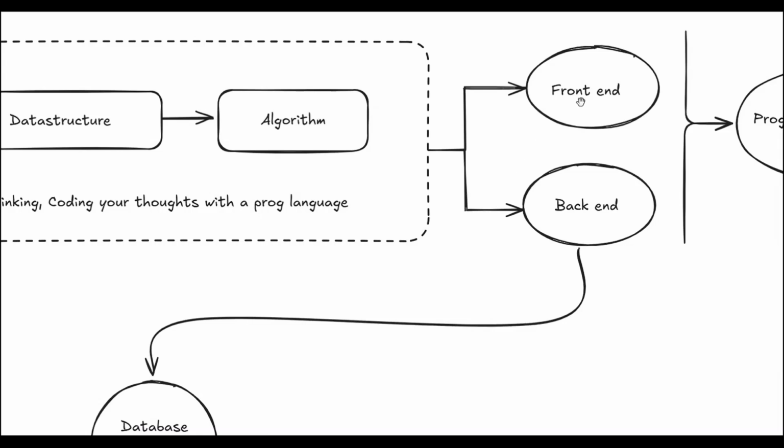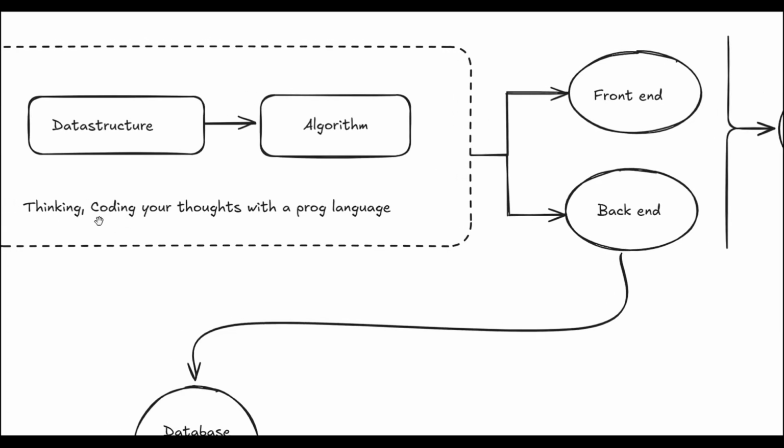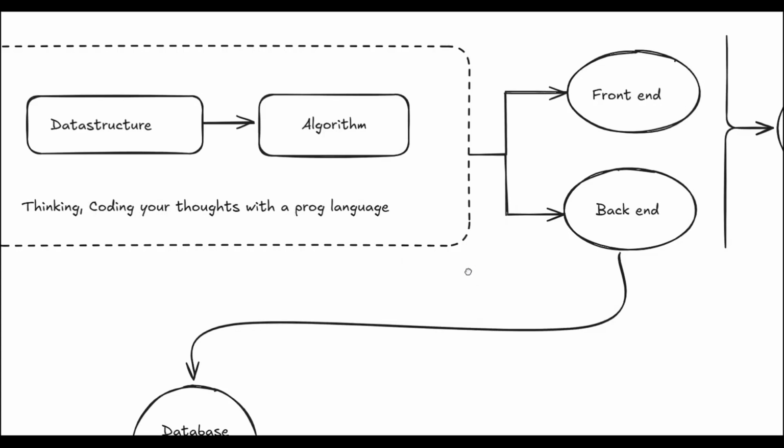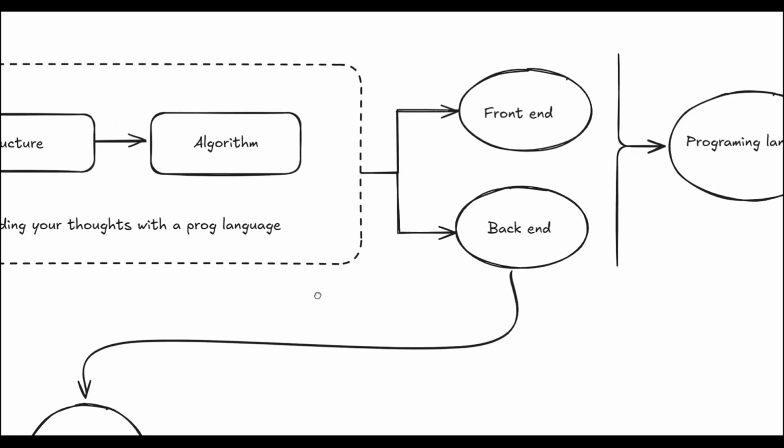From this point, you'll move to either front end or back end. That's where we'll be using those algorithms. And again, it's more about thinking and coding your thoughts in a programming language. And there are plenty of programming languages that are used in these different areas, either front end or back end.